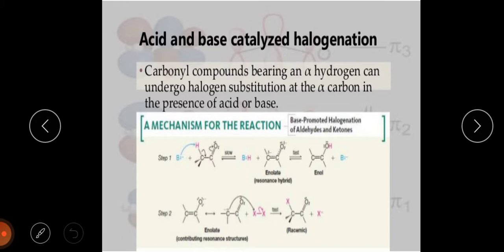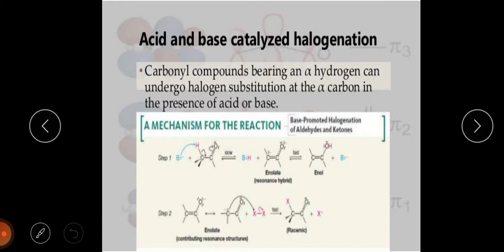The second is the base catalyzed halogenation. If halogenation is carried out under basic conditions with a halogen excess, all alpha hydrogens are exchanged for halogen atoms.